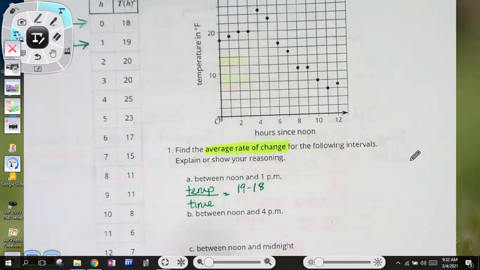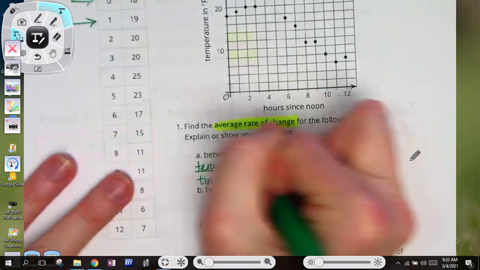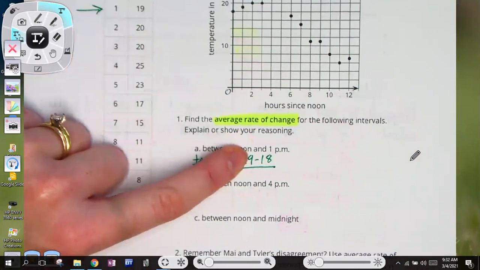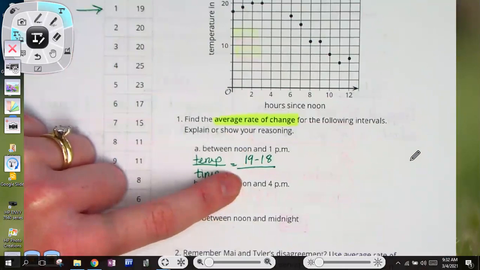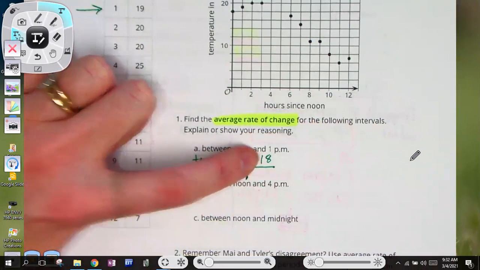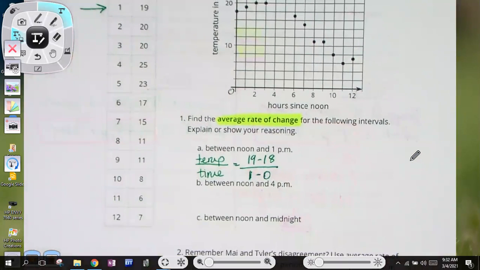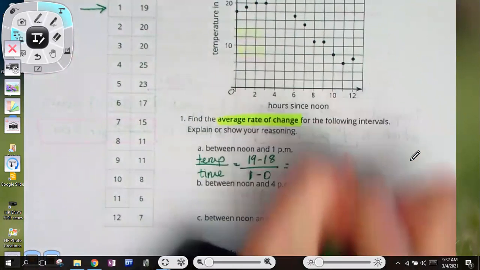But whichever one you choose to use first, you have to use its correct x value with it. So what was the time when the temperature was 19? 1. What was the time when the temperature was 18? 0. So we have to do the change of the temperature over the change in time. Let's simplify that.